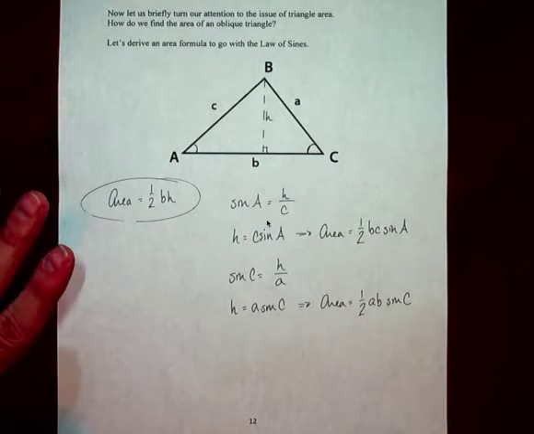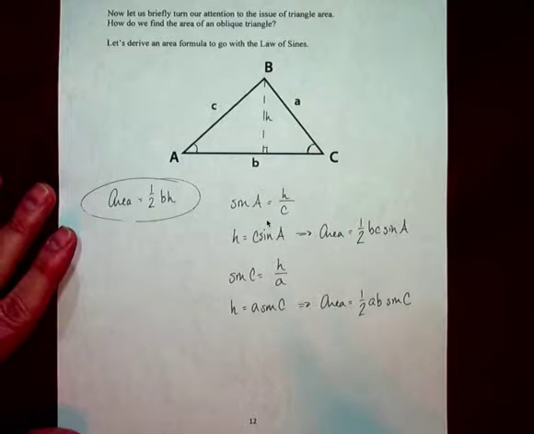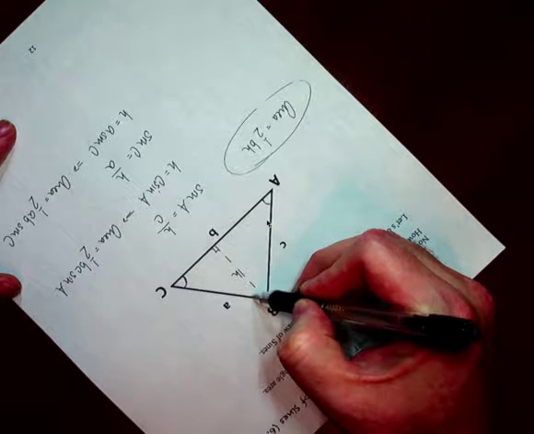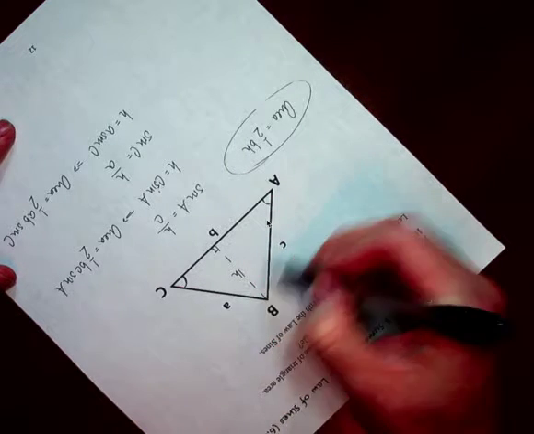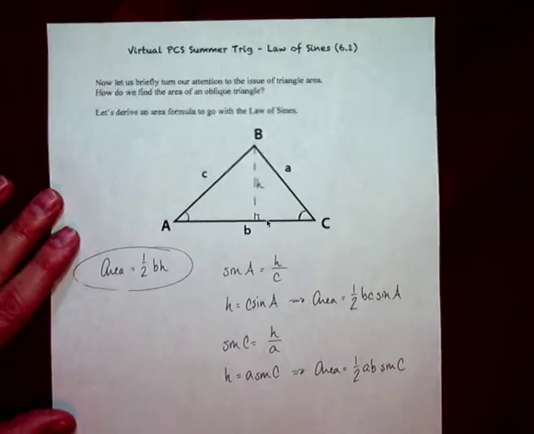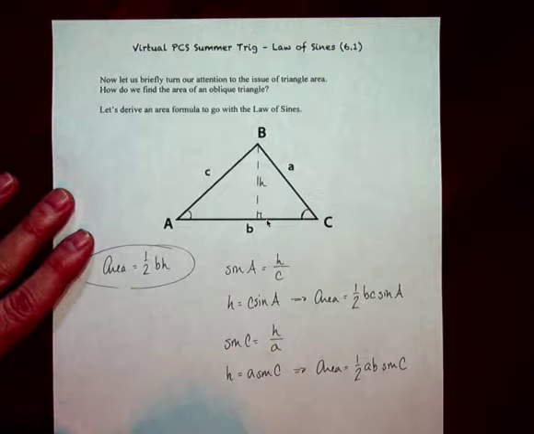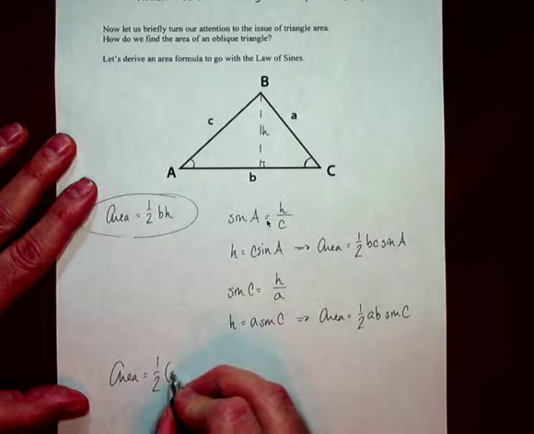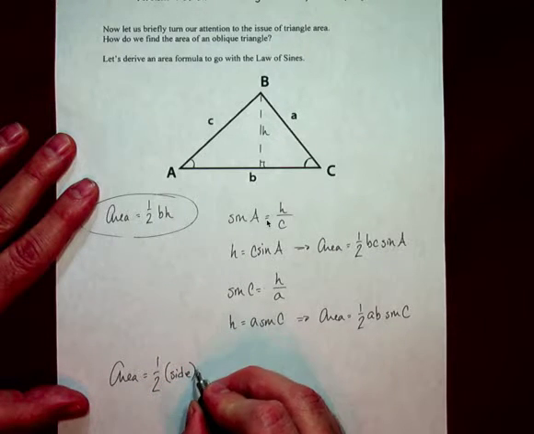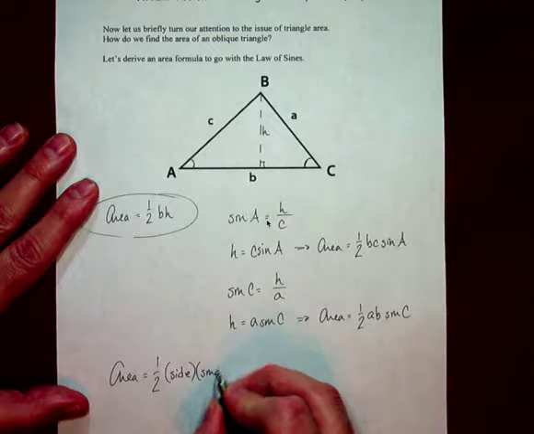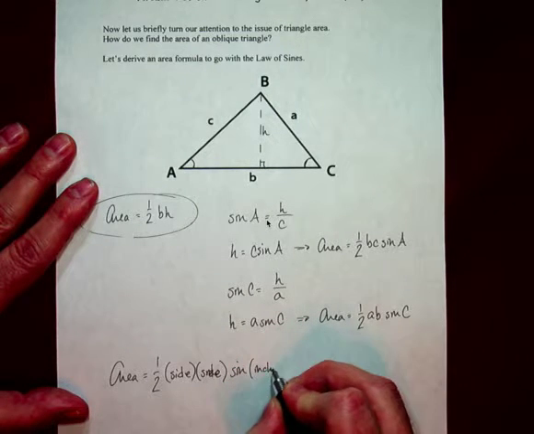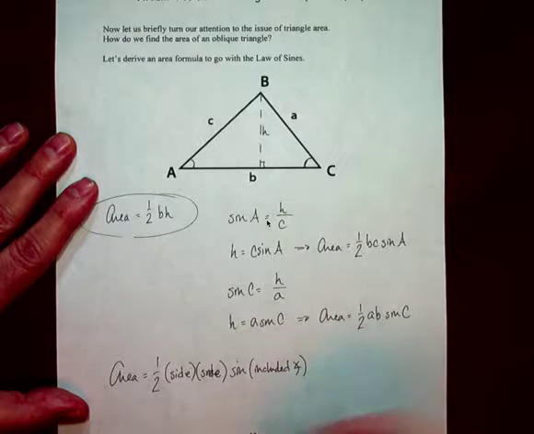You don't have an altitude dropped such that you can access, for lack of a better word, angle B. But just like in the law of sines, if you were to spin this around and drop an altitude here and create another H, you could do a little bit of substitution and you would find that the area formula in terms of sine is always 1/2 times a side, times another side of the triangle, times the sine of its included angle, meaning the angle between those two sides.